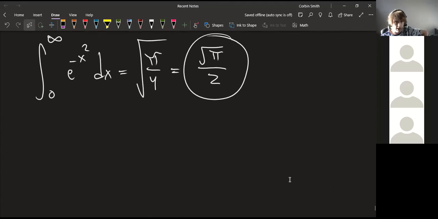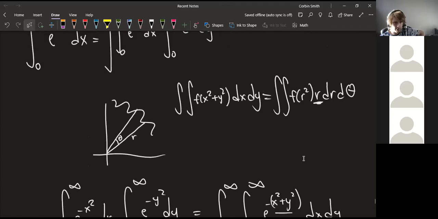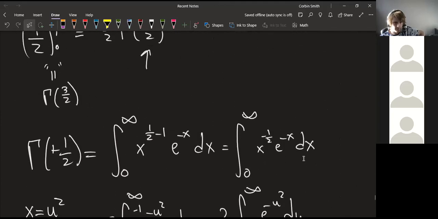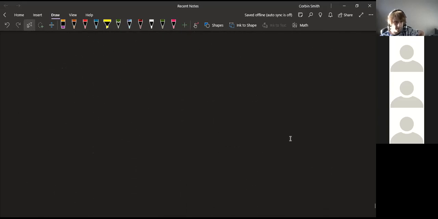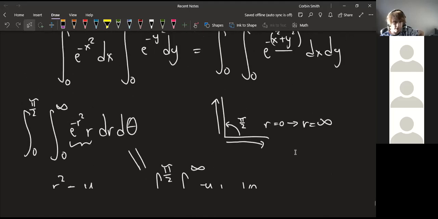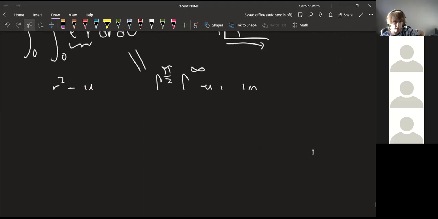Then if we were asking what is the value of gamma of 1/2, that is equal to twice the Gaussian integral. So we get, come on, why are you doing this to me? Load back up, please.